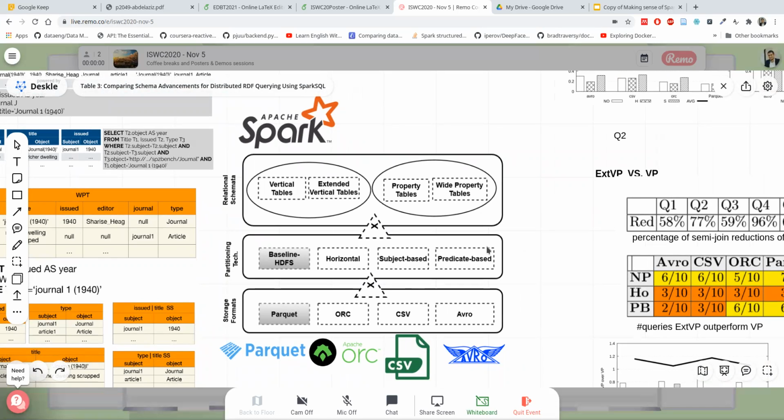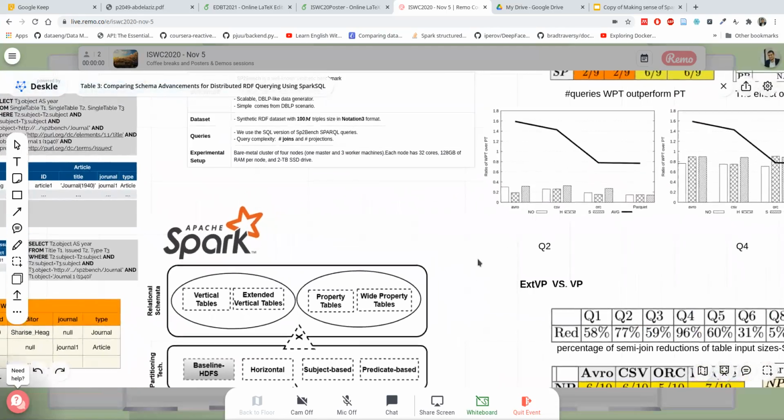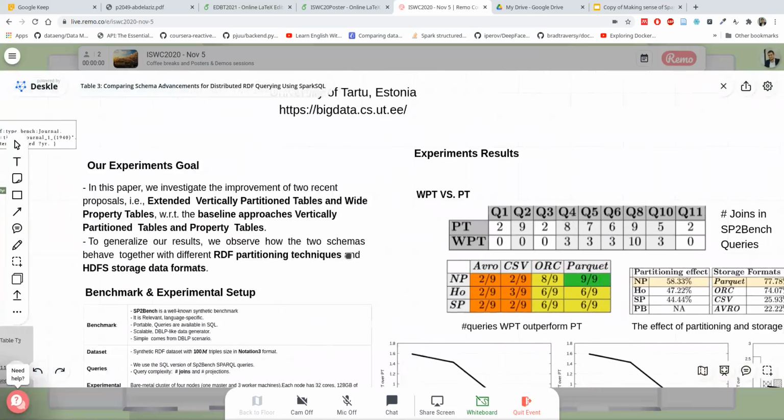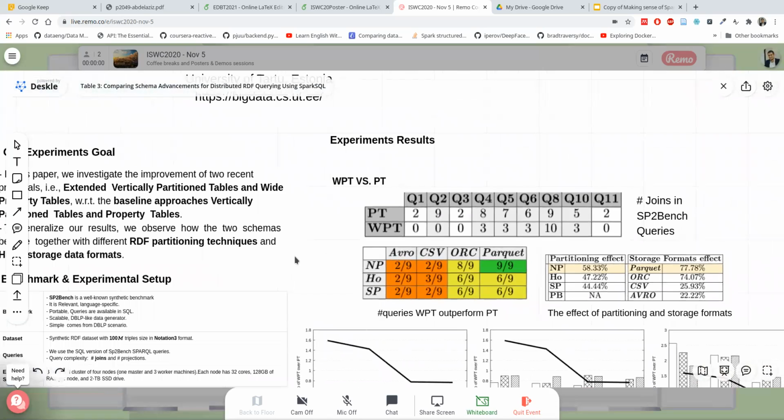Now we move to our results. Our findings: we start with the WPT versus PT comparisons.